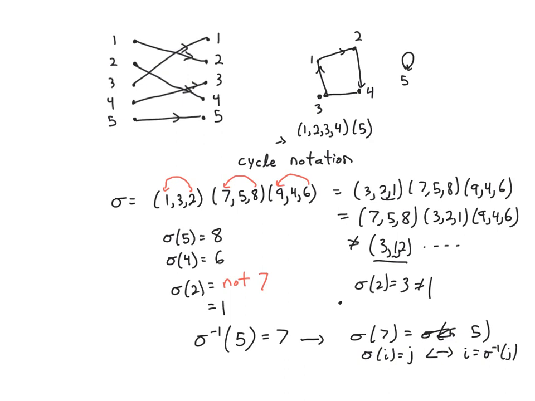So for cycle notation, you can easily compute inverses very quickly. In fact, the inverse can be found by just writing the cycles in reverse order, or the elements in each cycle in reverse order. So then the only real challenge is figuring out how to multiply two permutations written in cycle notation.